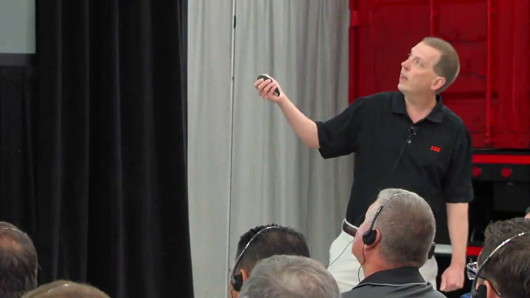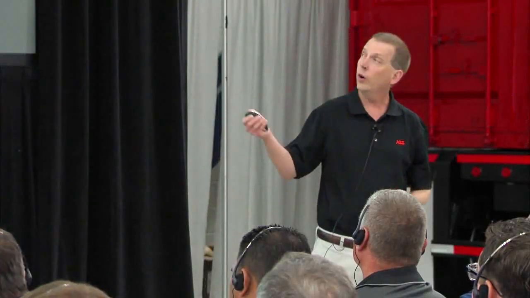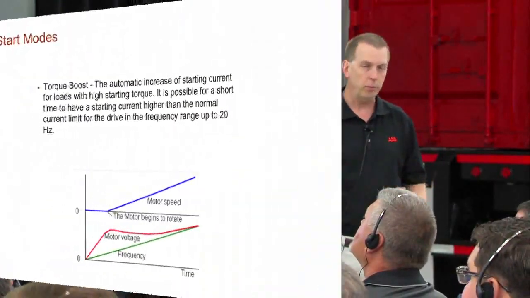This is usually a separate input. You might have an input to say DC magnetization and then an input to say start, or it might be that it does it based on time. You might say, I want you to DC magnetize for 2 seconds and then start. That's a little experimental. As you set up the drive, if you've got this type of load, you have to experiment with those parameters to find the right point.